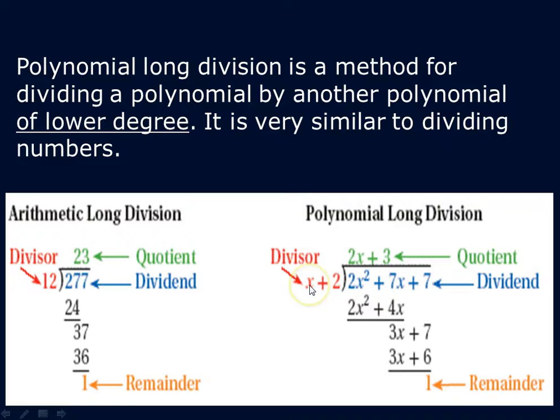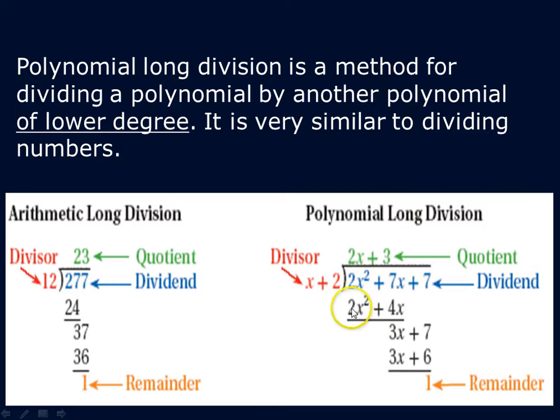How many times does x go into 2x squared? Well, if I multiply x times 2x, I'll get 2x squared, so that's where the 2x comes from. The one thing we got to do, though, is multiply 2x times the whole divisor. So 2x times x is 2x squared. 2x times 2 is 4x.